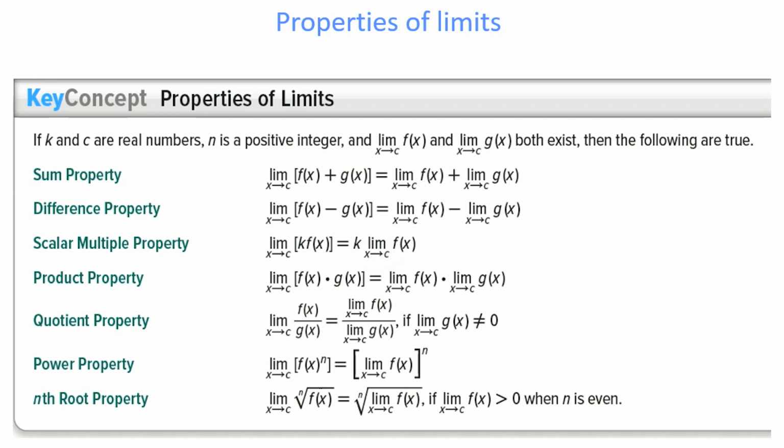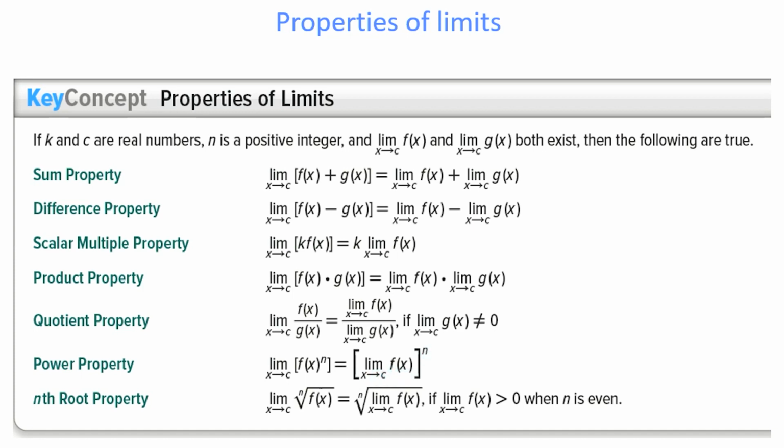Quotient property means that the limit of a quotient is equal to the quotient of the limits if the limit of the denominator is not equal to 0. The power property means that the limit of the function's nth power is equal to the nth power of the limit of the function.